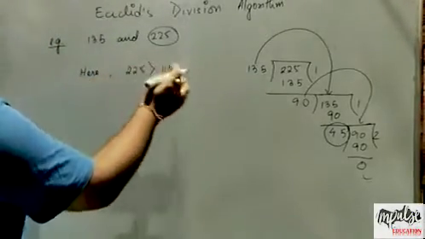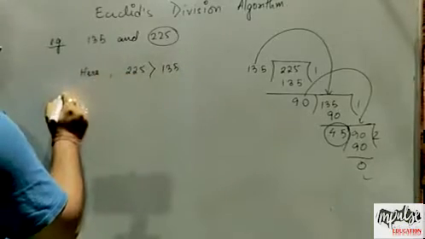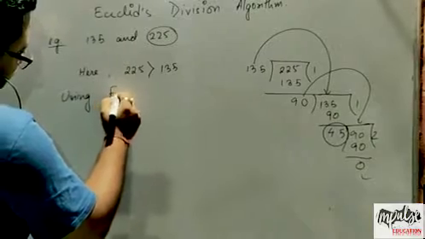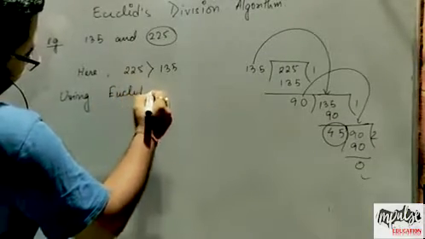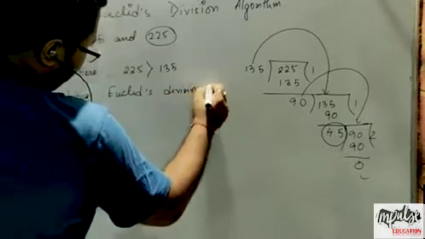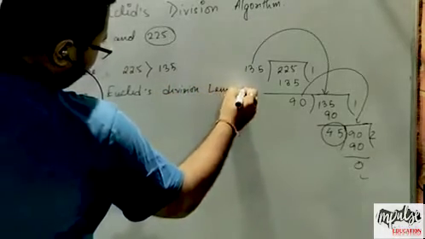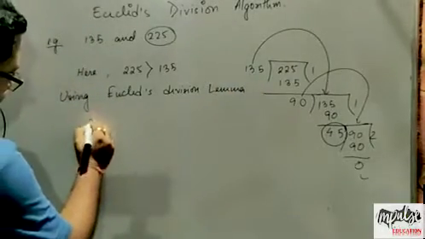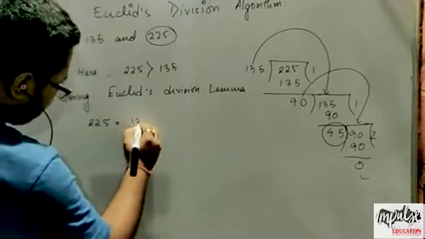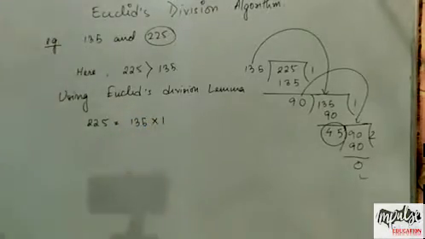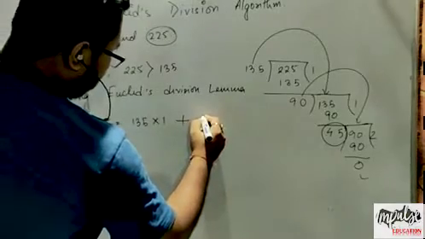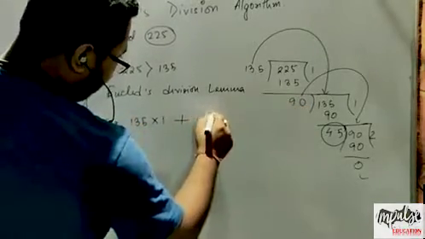Here 225 is greater than 135. So using Euclid's division lemma, 225 can be written as 135 into 1 plus 90.